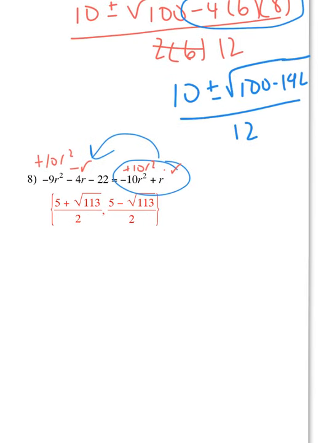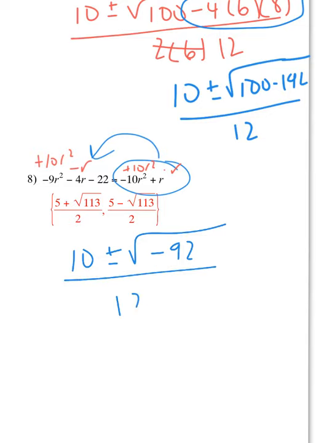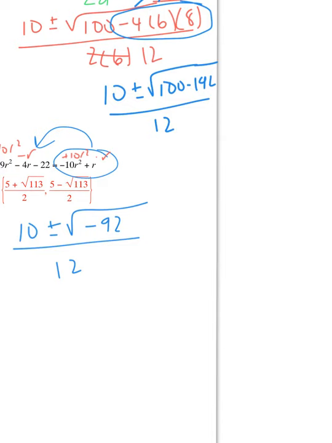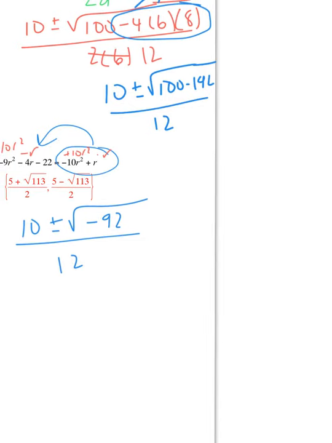All right, so I'm going to use the space down here at the bottom. So we got 10 plus or minus the square root. 100 minus 192 is negative 92, all over 12. Well, the negative 92, that's an i answer. You can't have that. So it's going to be 10 plus or minus i, the square root of 92 over 12.